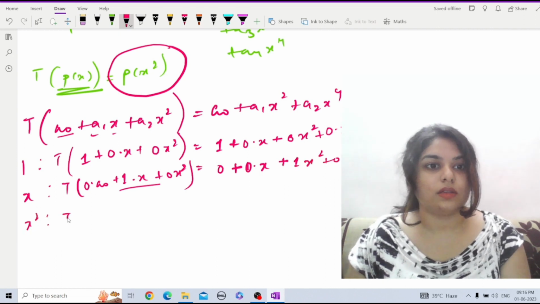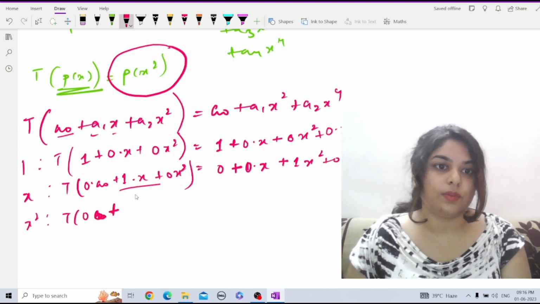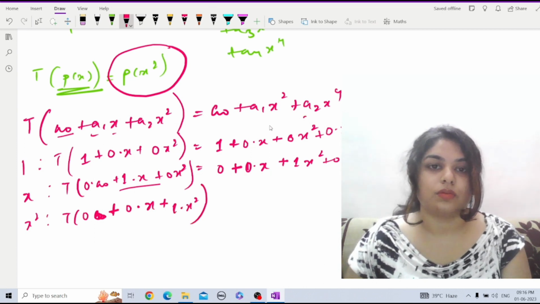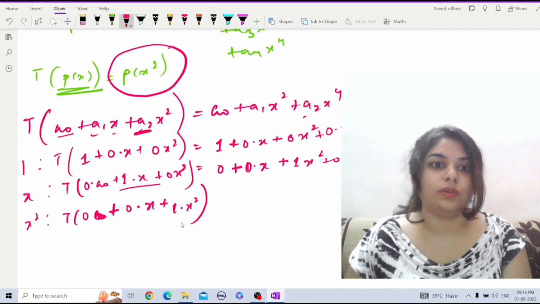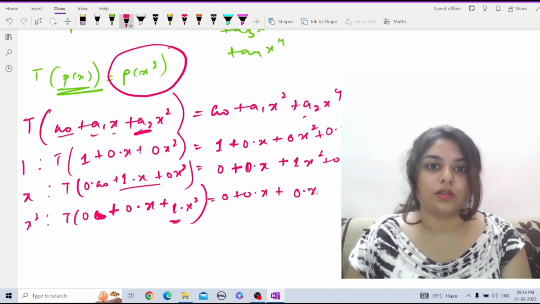When it is x^2, a2 is 1, so we get 0 + 0x + 0x^2 + 1x^4.